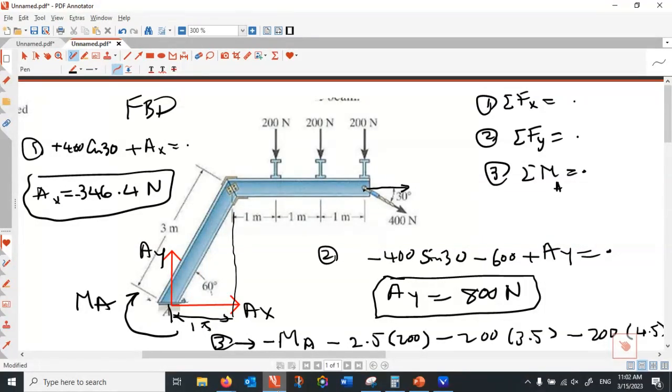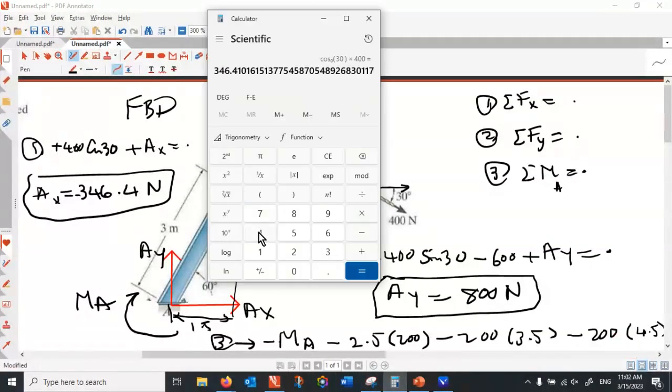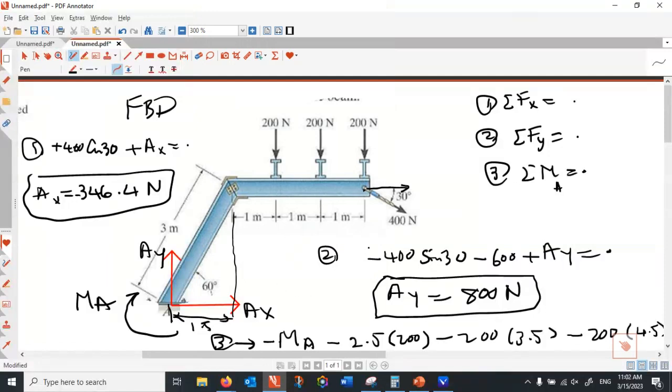So 400 times cos 30 is 346.4. And then the vertical component is 200. So these 200s, I can combine them and make this one 400.